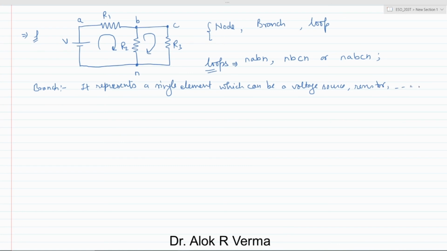So any element which is connected between 2 points represents a branch, and it is denoted by B.